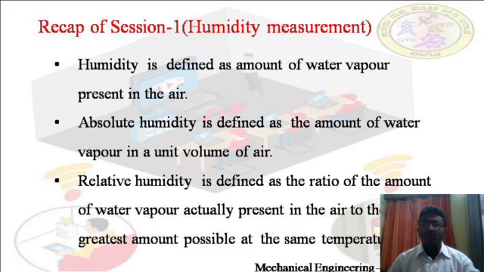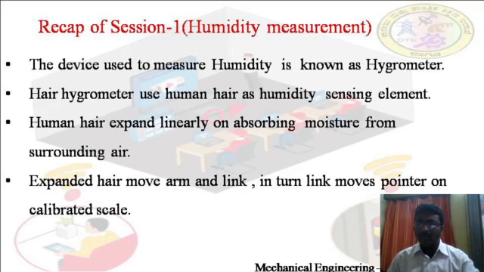Then relative humidity is defined as the ratio of the amount of water vapor actually present in the air to the greatest amount of water vapor possible at the same temperature. The device which is used to measure humidity is known as a hygrometer.